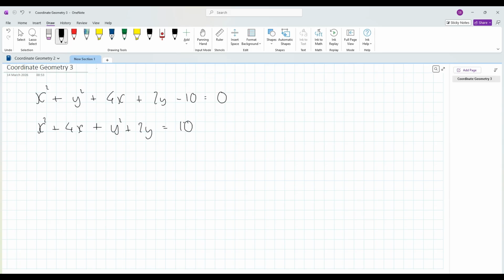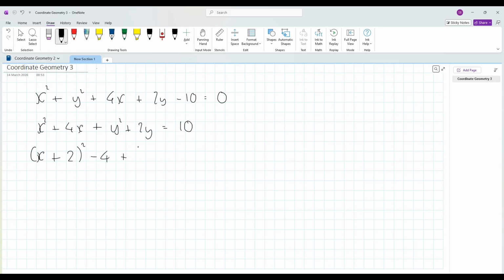So next we have to perform completing the square. I'm assuming you are familiar with this, but if not, please check a previous video. So considering the x terms first, completing the square involves putting it in brackets, squared, x, then halving the other x term, which is 2, and then squaring 2 and subtracting it, which gives us minus 4.